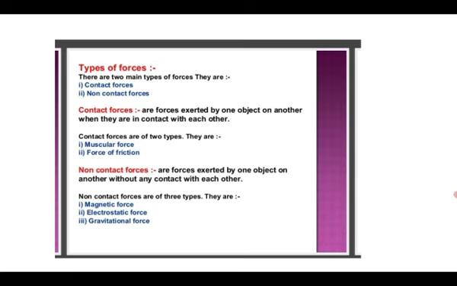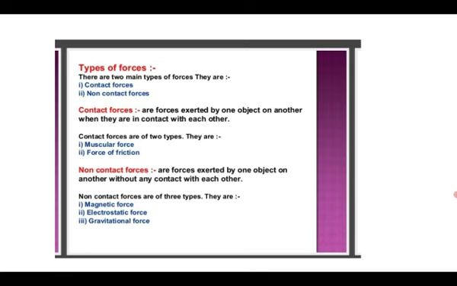Now I am going to explain the types of forces. Students, there are two types of forces: one is contact forces and the second is non-contact forces. Contact forces are forces exerted by an object on another object when they are in contact with each other.